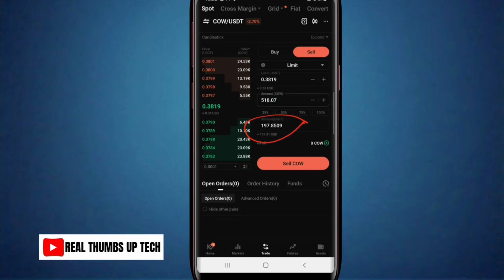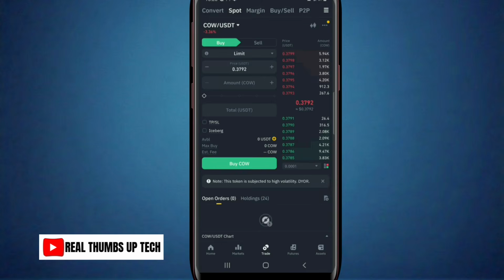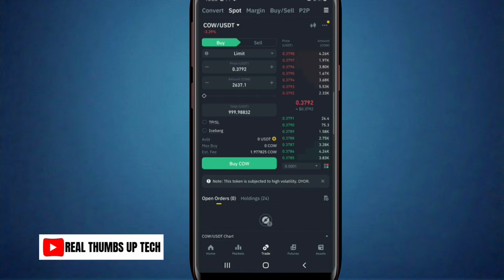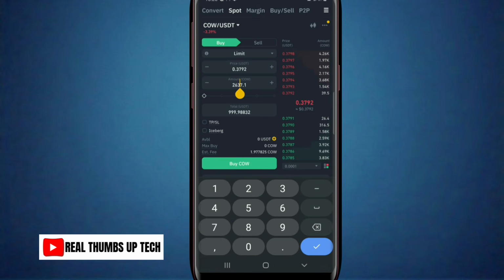Let me test it out with maybe 1,000 USDT and see how much we're going to get. This is the current rate on Binance, still 0.3792. So if we are buying with, let's say, 1,000 USDT, you'll be getting around 2637.1.